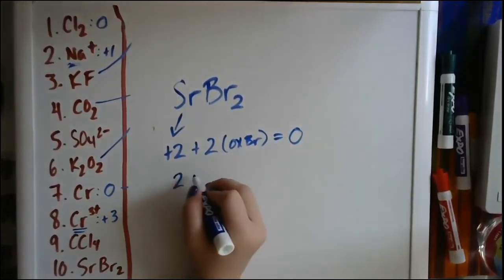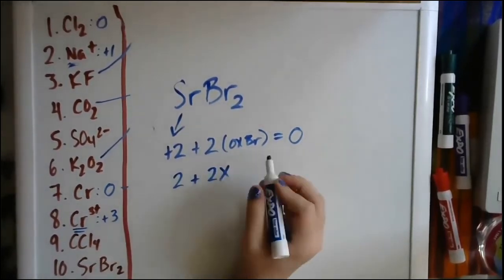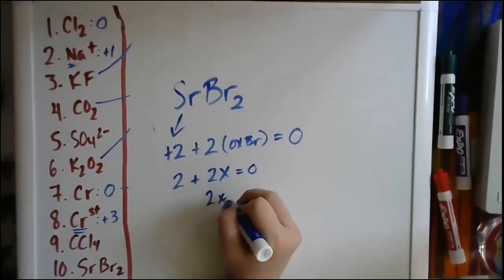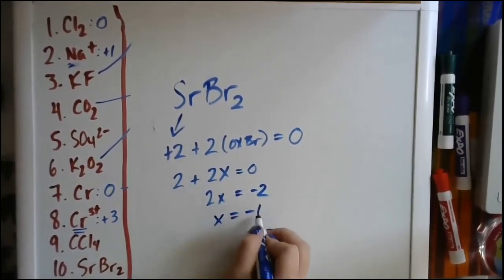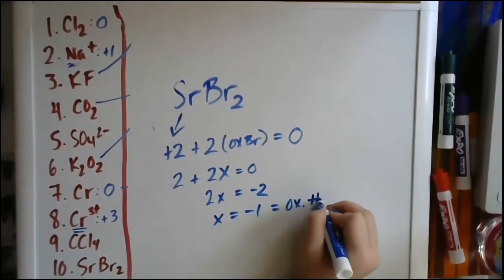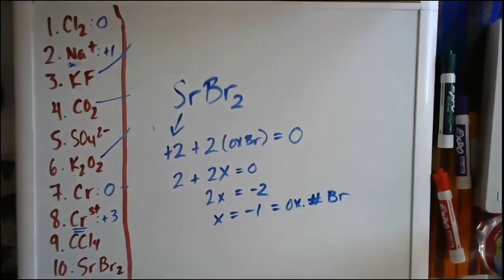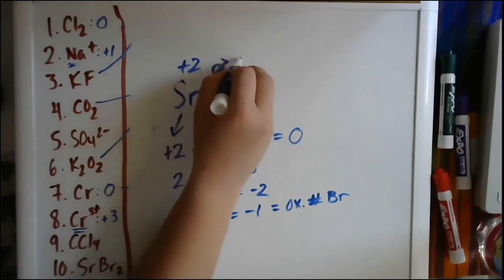So 2 plus, we'll just call it 2x equals 0. 2x equals -2. X equals -1. And that is the oxidation state of the bromine. Okay, so strontium is +2, and each bromine is -1.